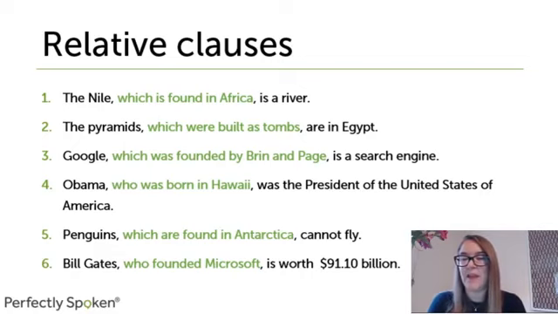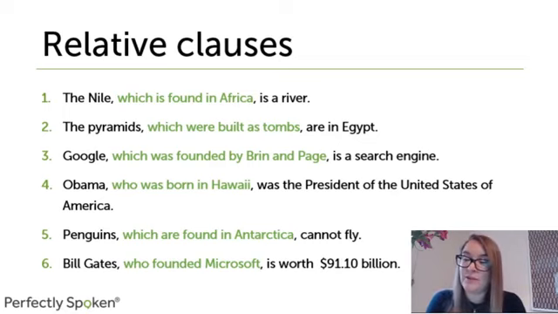Wow. So obviously you'll have some different answers here, but the important thing is that you're using commas because you're writing and it's a non-defining clause, but also that you're using the correct relative pronoun. So the Nile, which is an object, but Obama, who, because it's a person.